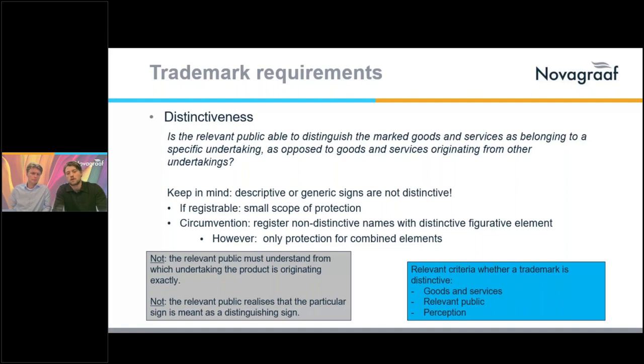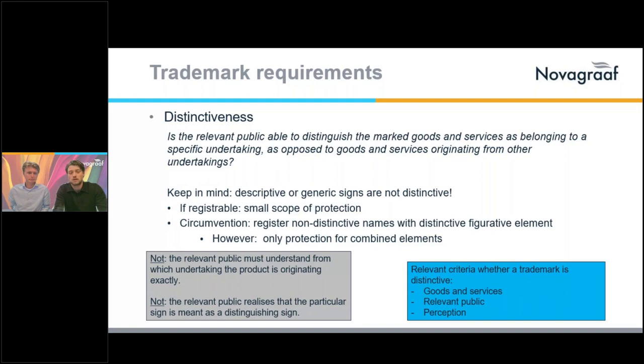So think of Apple for electronic goods. That is distinctive because it does not say anything about electronic goods. But if you wish to sell apples or fruit under the trademark or under the sign Apple, that will not be possible because it's generic and descriptive, and it should be available to the public and all other companies to describe their goods, which are apples or fruit.